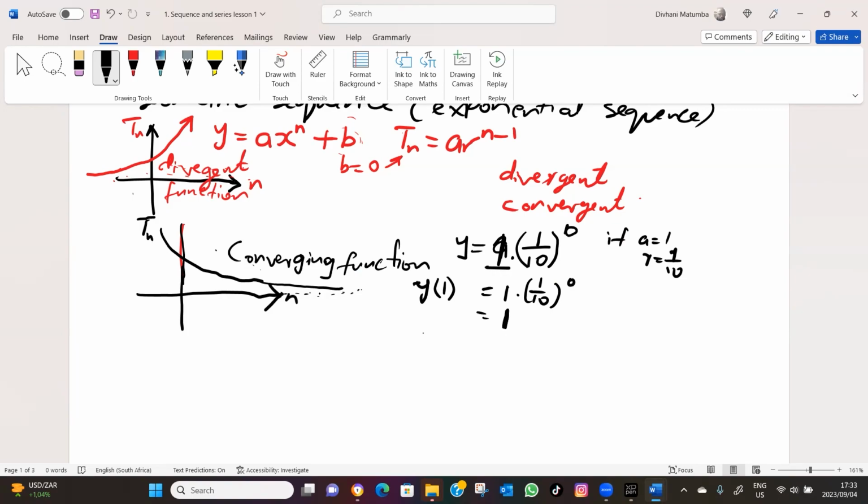All right, so let's check what happens if we increase, let's say to the power of 2.